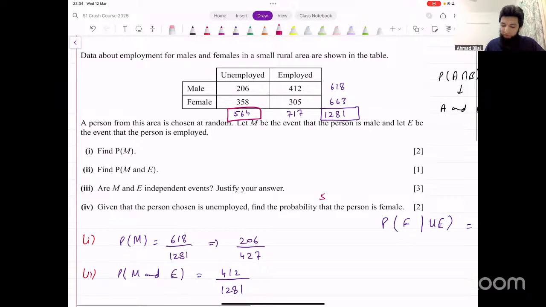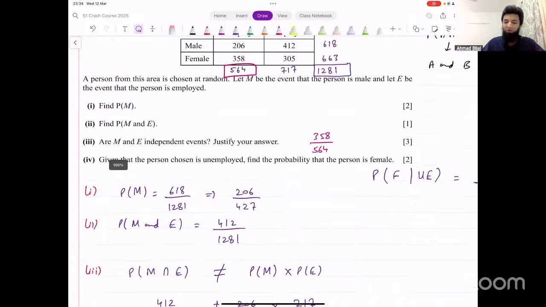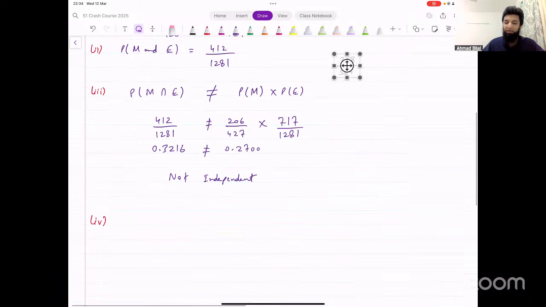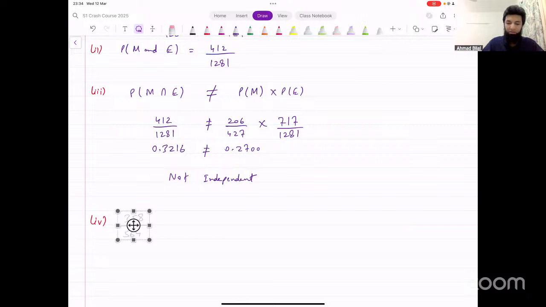Out of this 564, how many are female? That's 358. You can write this probability directly if you have the information in a table like this. So it will be 358 divided by 564. That's your probability, and that's one way of doing this.